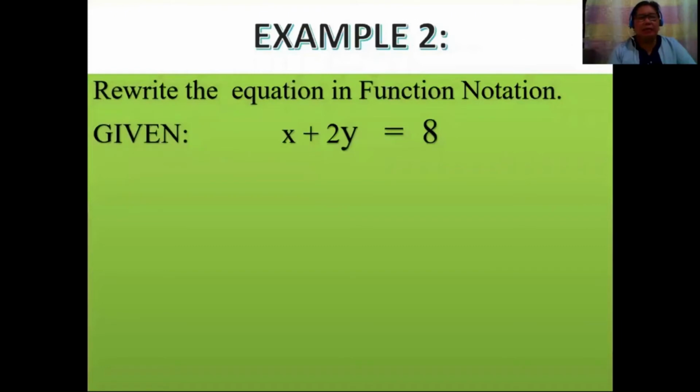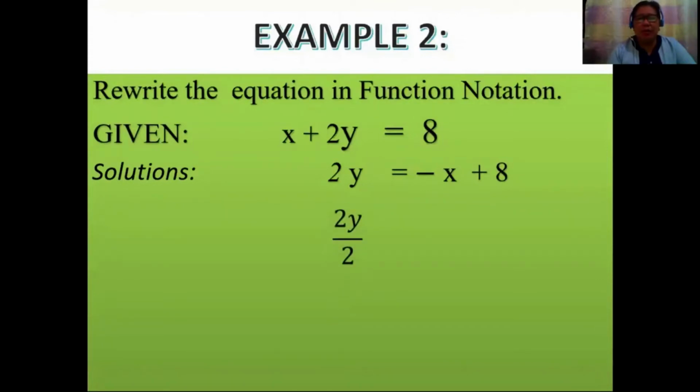Another example. Rewrite x plus 2y equals 8. Solutions. 2y is equal to negative x plus 8. Transpose x to the other side and it becomes negative x. Divide 2y by 2 and divide also the other side, the negative x plus 8, by 2.